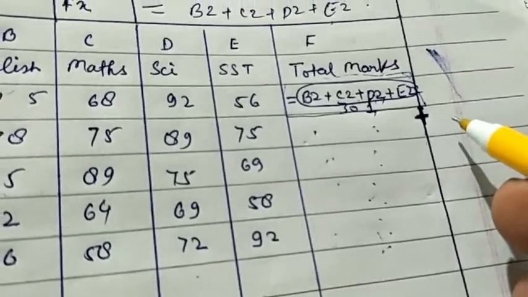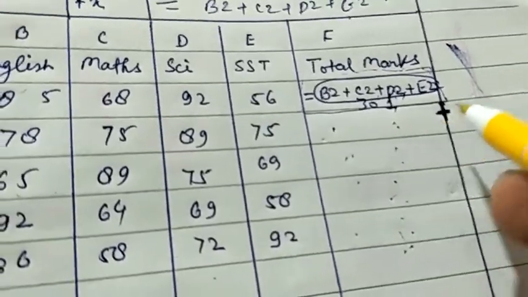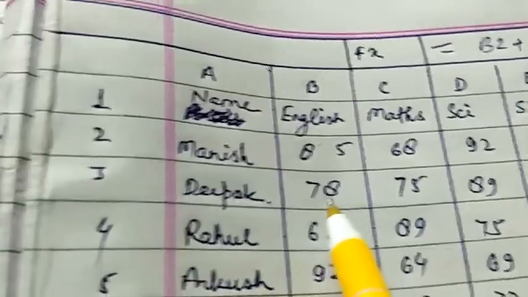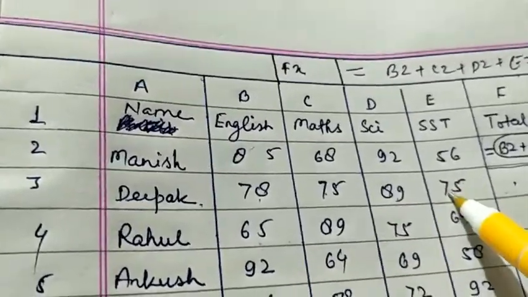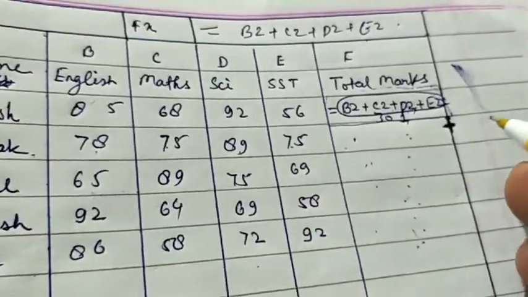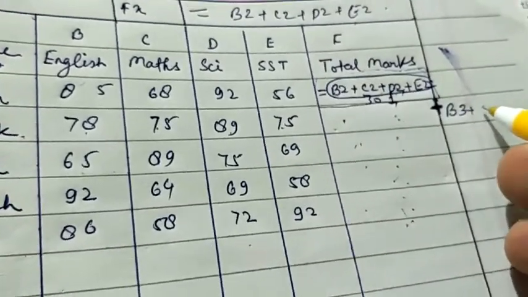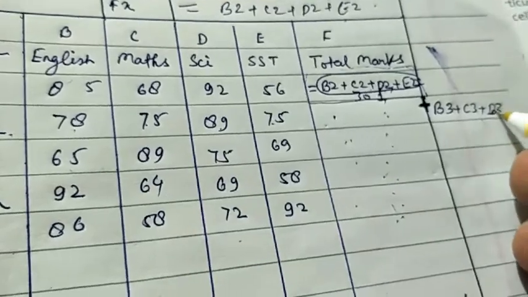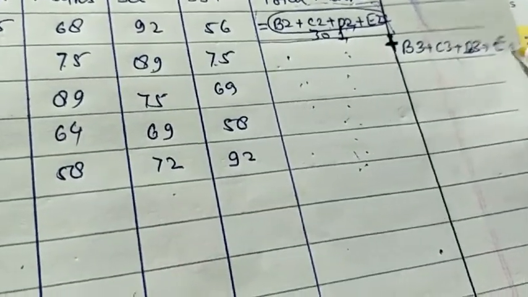Now the advantage of this one is, according to this cell you can see the marks of Deepak are written in B3, C3, D3, E3. So with the help of relative reference, this one automatically converts into B3, C3, D3 and E3.